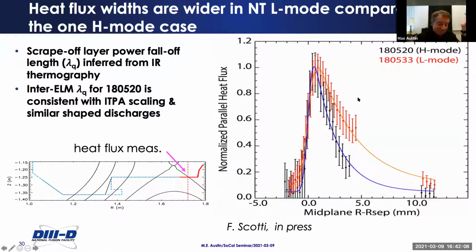Again, this is where the color convention went out the window, because you can't get everybody on board. But for the case with the strong triangularity, which remained in L mode, the heat flux width is significantly wider than the one that went into H mode. And so this bodes well for maintaining a reasonable heat flux width for negative triangularity if you were to go to serious devices.